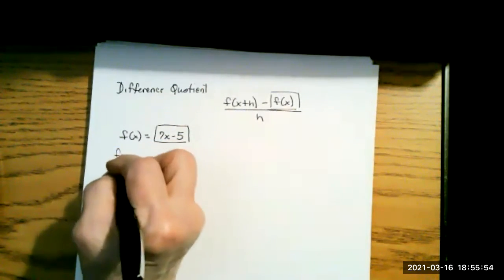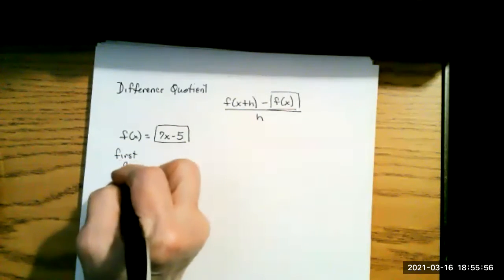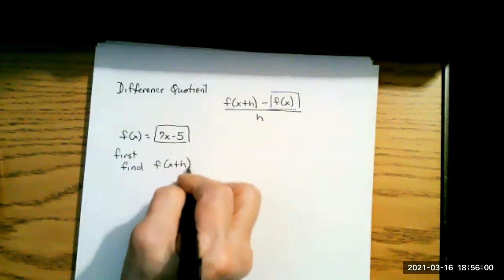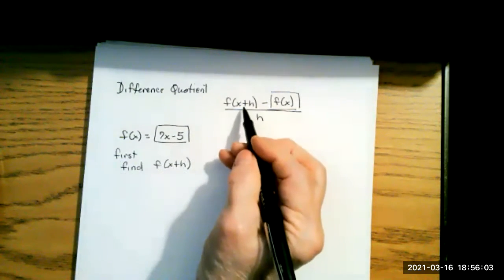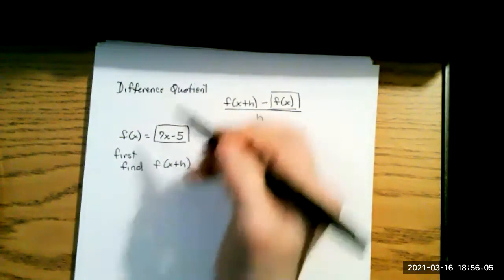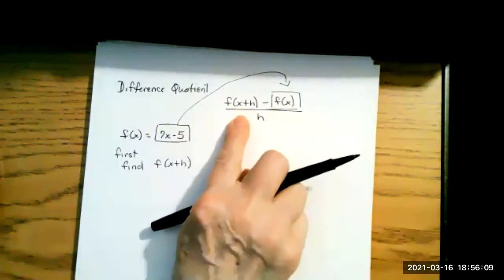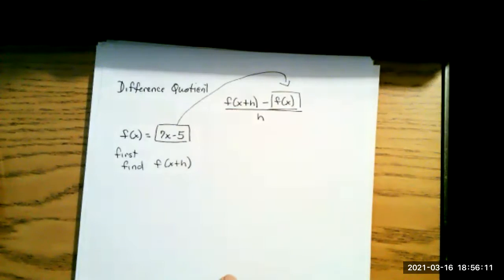So the first thing you want to do is find f of x plus h, because if I can find it, I'm going to put it right there in that spot. This one is going to go there. What I've got to find is something to go there. So it's not too bad.